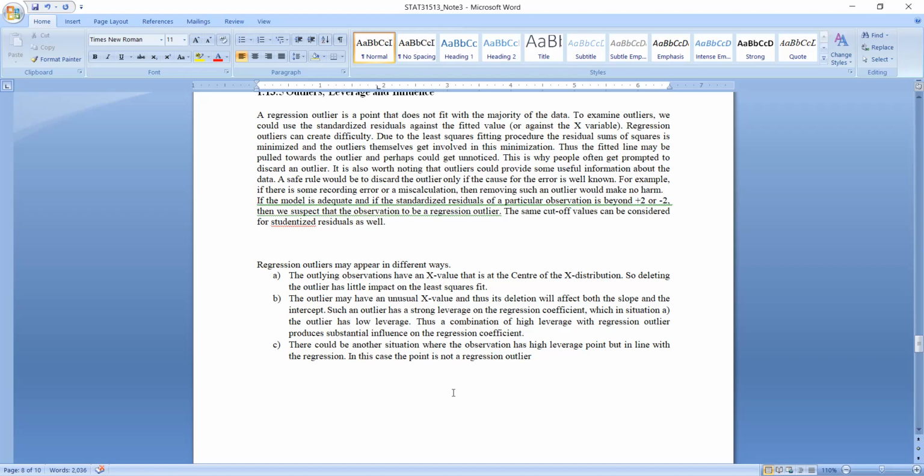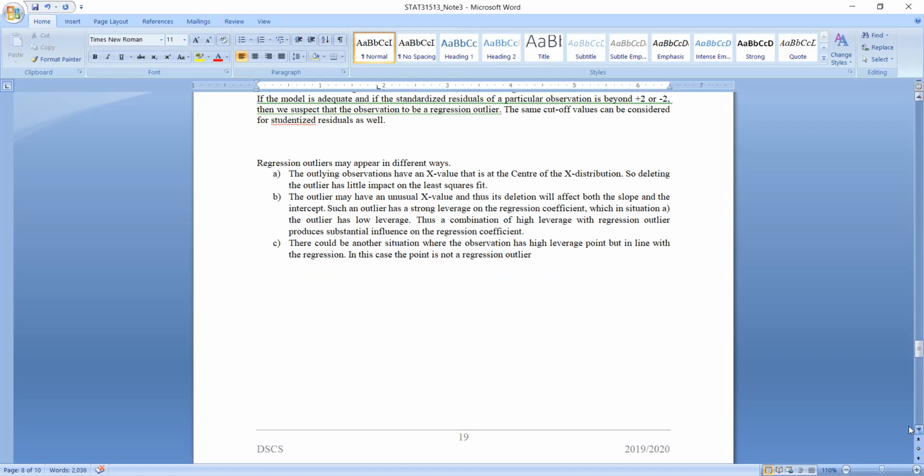We can come across some situations like that when we are dealing with data sets. In that case, if it has no impact on the fitted regression line, even though it has a big value for the leverage, we cannot consider that as an outlier.